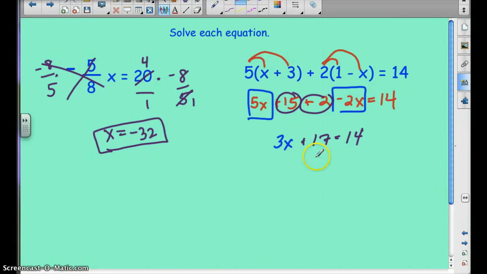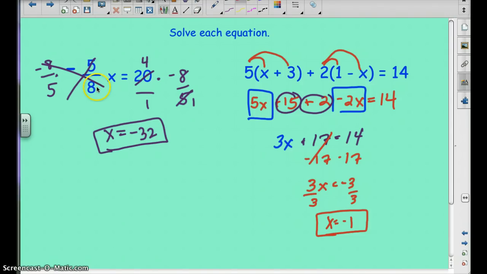So then from here, I'm going to subtract 17 from both sides. And then we have 3x equals a negative 3. So then we divide by 3 on both sides, and x equals a negative 1. And then we can go back in and check to make sure a negative 1 works.